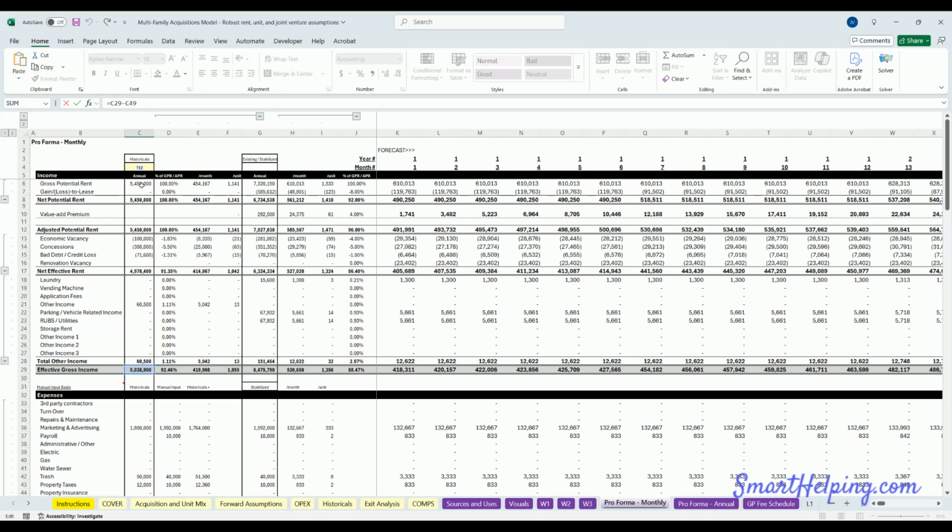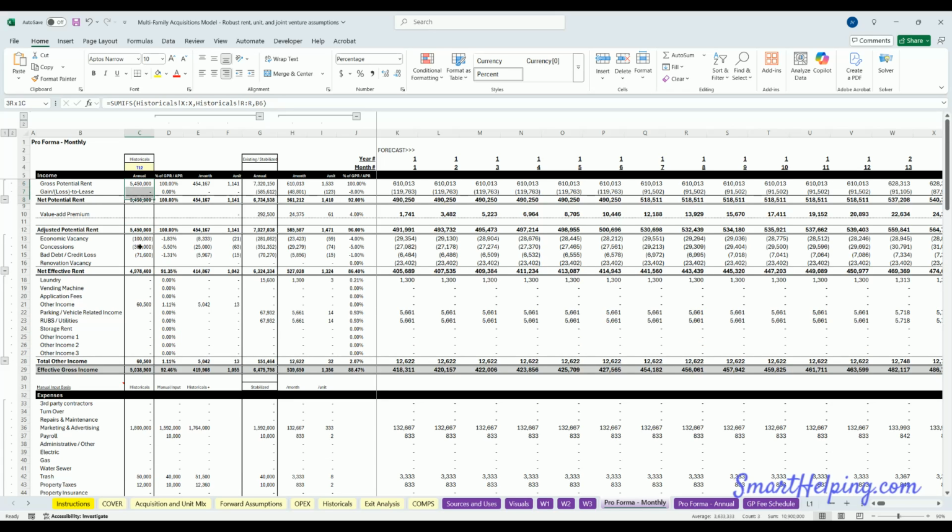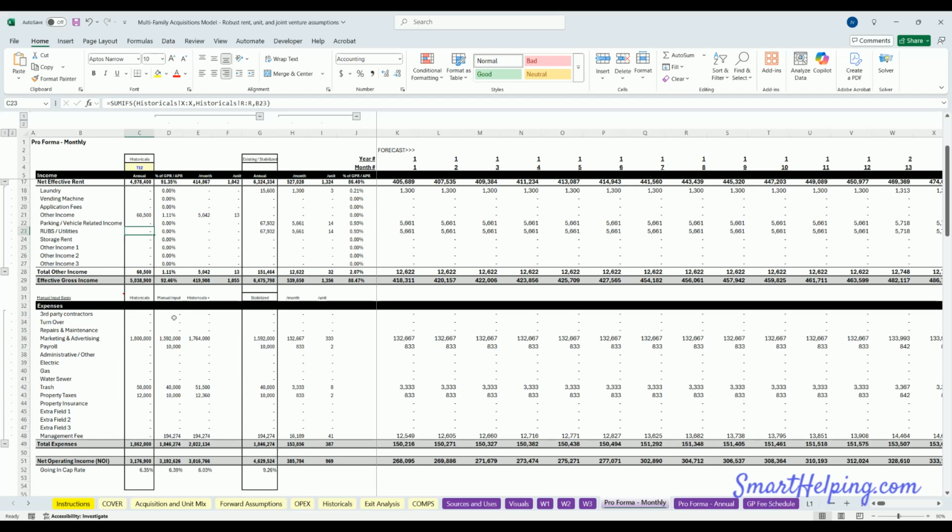So it's going to give us basically the existing operations, what all the different rent and expenses are that currently exist, and then the net operating income is just subtracting the expenses from the effective gross income, and then we get 3.1 million in this case divided by the acquisition and unit mix input, which is the purchase price. So 6.35.